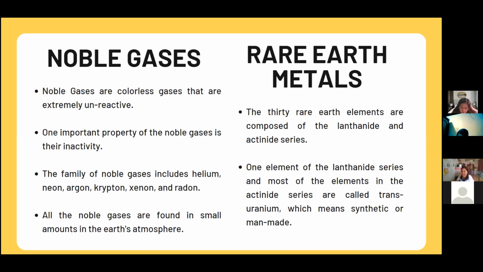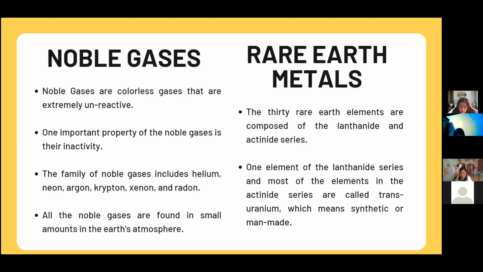So si noble gases, since 8 na yung kanyang valence electron, meaning stable na siya, hindi niya na need mag-react or combine with other elements. So that is why it is called inert gases, meaning inactive. So the family of noble gases includes helium, neon, argon, krypton, xenon, and radon.